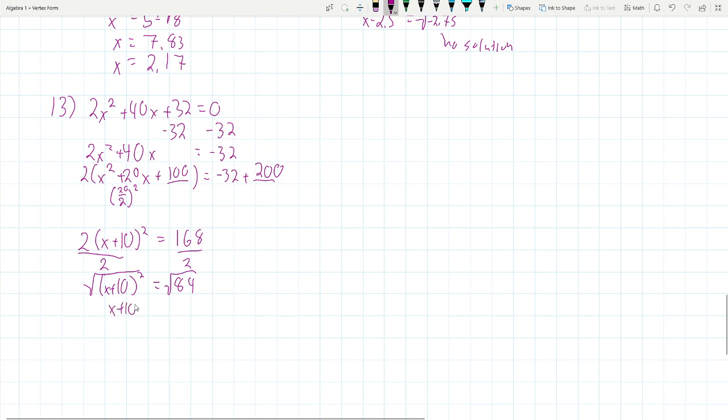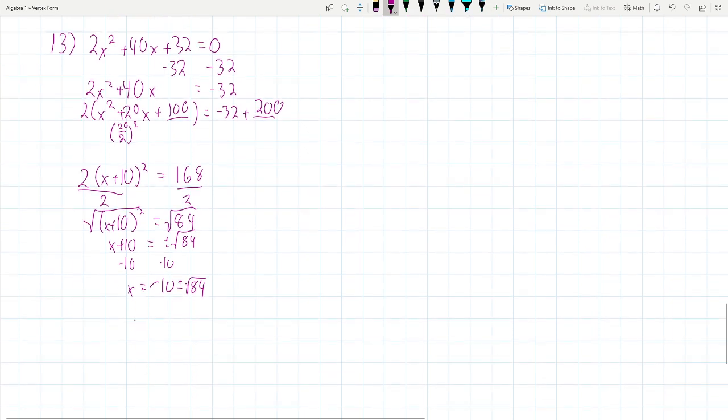I get x plus 10 equals plus or minus the square root of 84. I'm just going to leave this as the square root of 84 for right now. Subtract 10 from both sides. So I get x equals negative 10 plus or minus the square root of 84. So I get x equals negative 0.83 and negative 19.17.